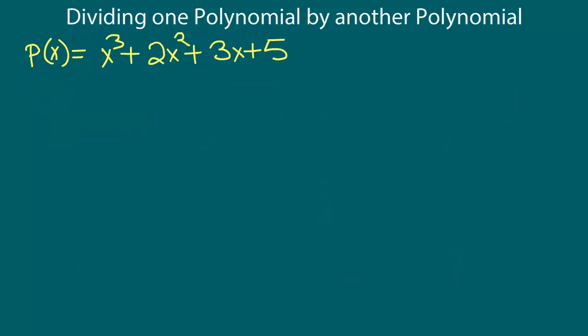Let's double check this. Yes, x cubed plus 2x squared plus 3x plus 5. And this time, let's say we want to divide it by x minus 4.